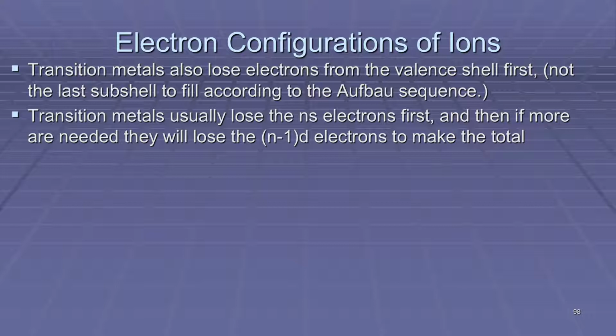So generally when you're trying to figure out the electron configuration for a transition metal, the first thing you want to do is remove the s electrons from that row. If there was a transition metal in the 3d subshell, you would first remove the 4s electrons, and then if you need more, lose those d electrons, like the 3d electrons.